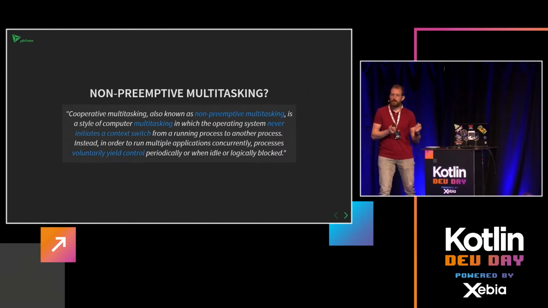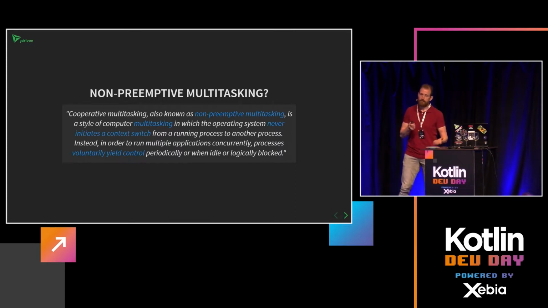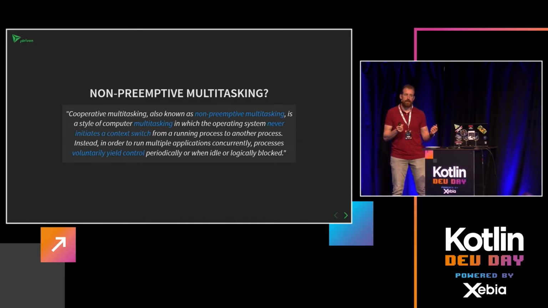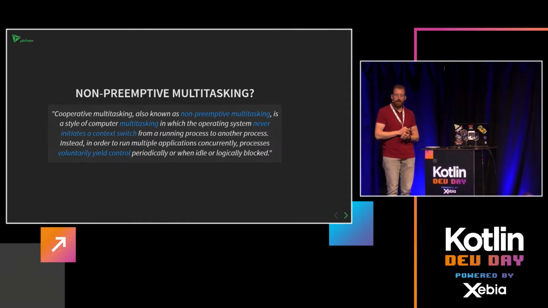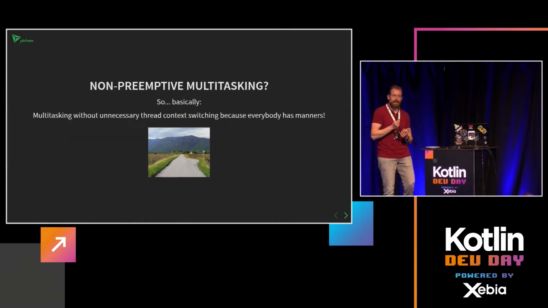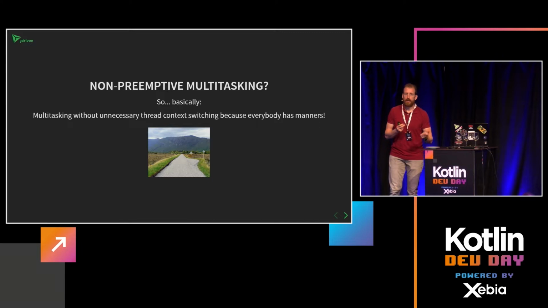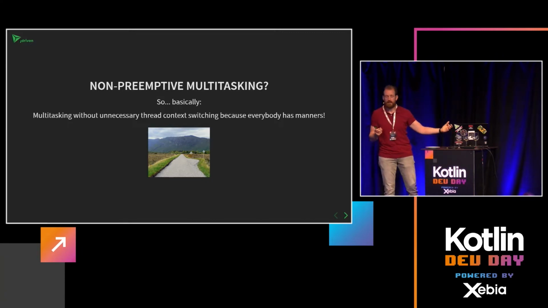You try to switch context as little as possible to be able to do efficient multitasking within the same context. And the way that it works is that the different tasks that are running in parallel voluntarily yield control to other tasks while they are busy. So basically, it's multitasking that works because the tasks have manners, let's say.